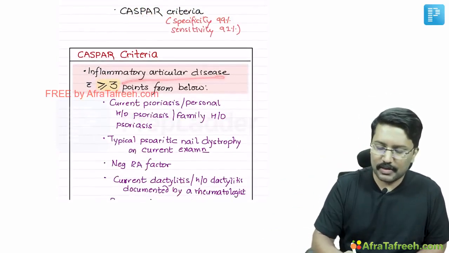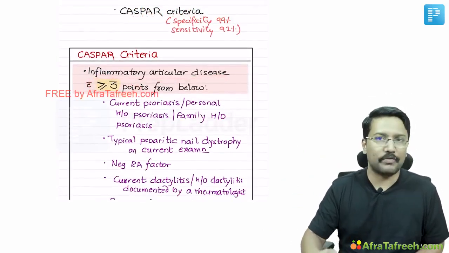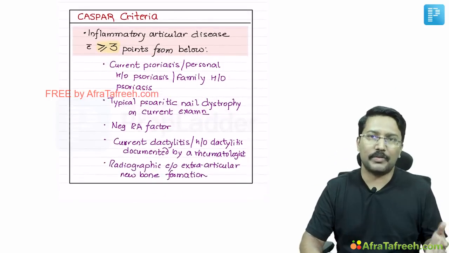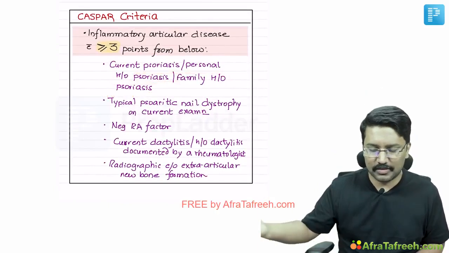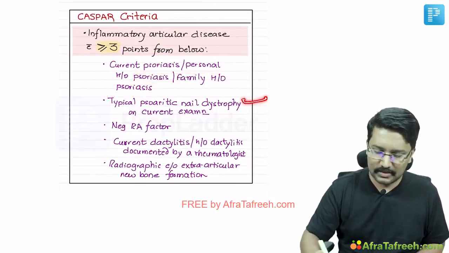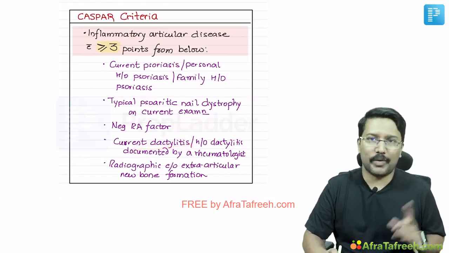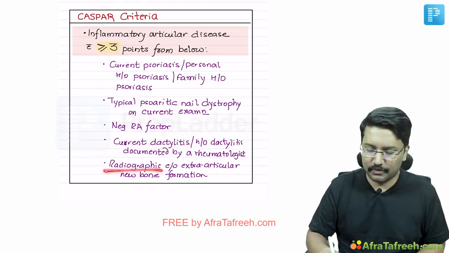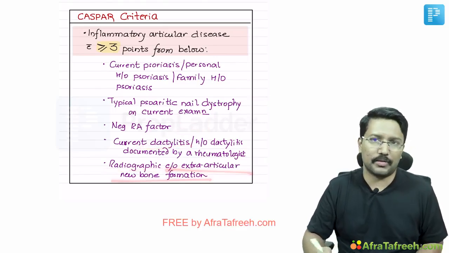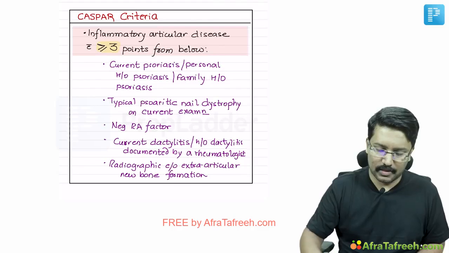Inflammatory articular disease with 3 or more of the 5 points that we have already discussed. The first is evidence of psoriasis, whether current, personal history or family history; nail changes; RA factor negativity; dactylitis, current or past, documented by a rheumatologist; and the last one is radiographic features of juxta-articular new bone formation. So this is the CASPAR criteria.